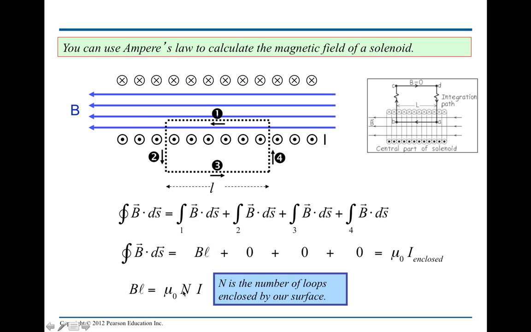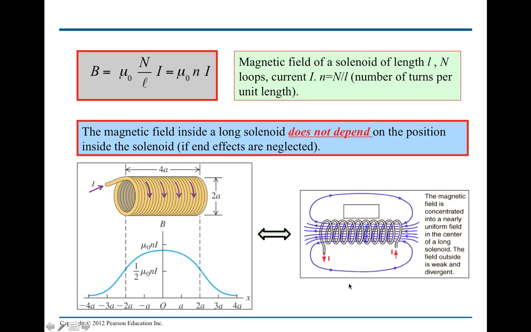If I have N loops, then I have to multiply the enclosed current by capital N. So the magnetic field will be simply B equal to all of this divided by L. Usually it's written like this, and this ratio is usually given as small n, which is the number of turns per unit length. So B, the magnetic field, is equal to mu n I, where n is the number of turns per unit length.